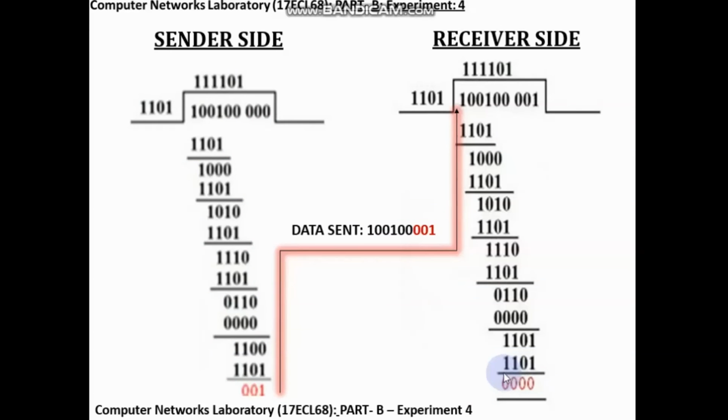As you can see at the receiver side the remainder is all zeros, and CRC says that if you get remainder as all zeros, then data is without error.